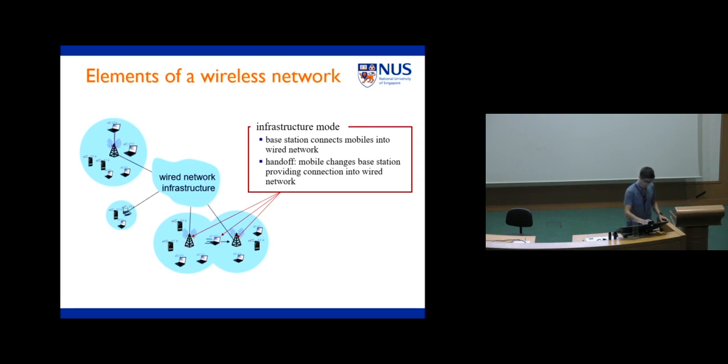You have to send it through your base station here. Then it goes to the wired network infrastructure. But then the wired network infrastructure needs to know whether it should route this packet through here or here. So we need a handover algorithm, handover procedure between these two base stations coordinated by this mobile host. We are going to look at that in this chapter.